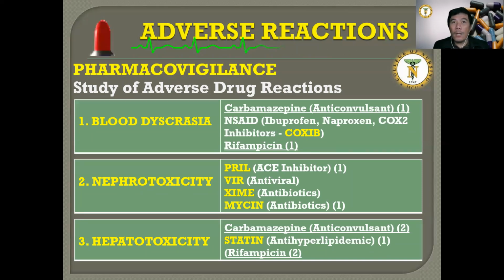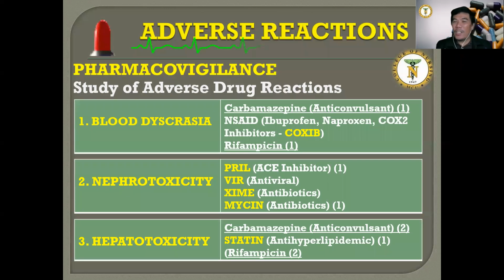The one that monitors those adverse reactions, and this will be documented as well, will still be part of the clinical trials of our vaccines, depending on the pharmaceutical companies. The aspect of studying those adverse drug reactions is what we call pharmacovigilance.